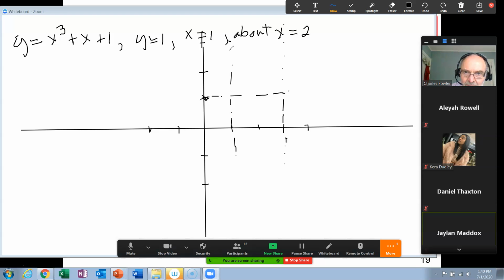Oh, okay. It's the portion that's in here. This is the part right here between x equal 1, y is equal to 1 in that graph. Okay. That's what we're revolving around this line over here.